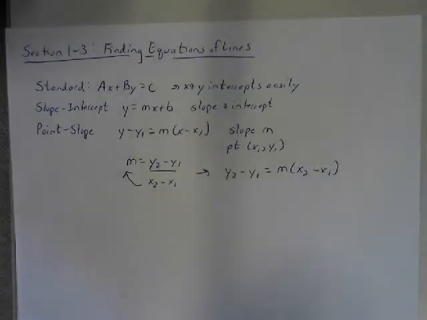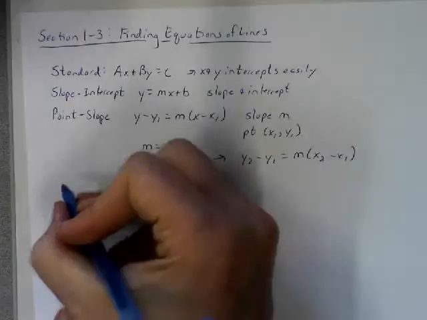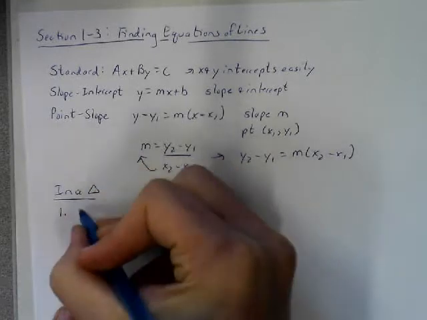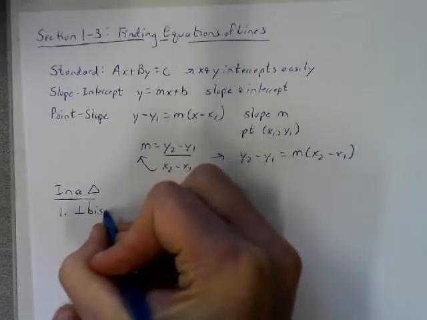Now, one more quick review before we actually do a problem, and that is some key terms from geometry. So in a triangle, we have a perpendicular bisector.